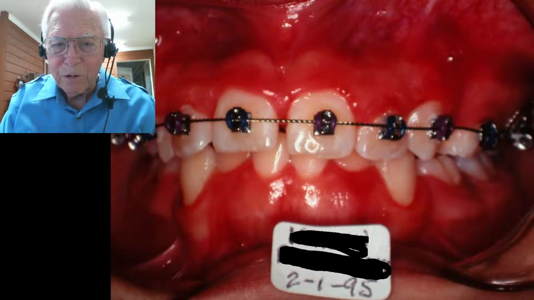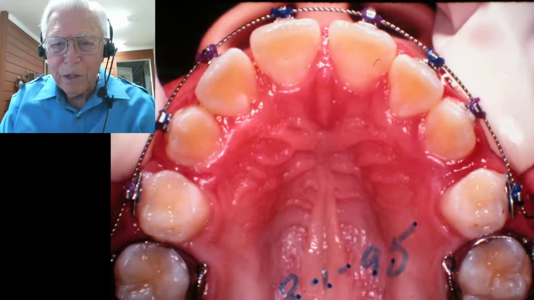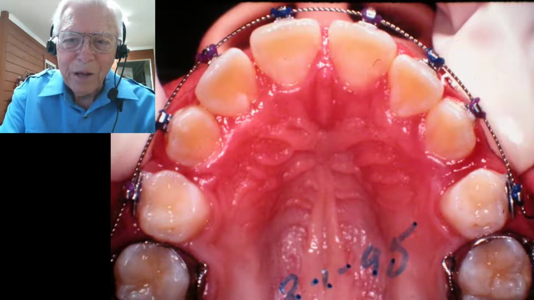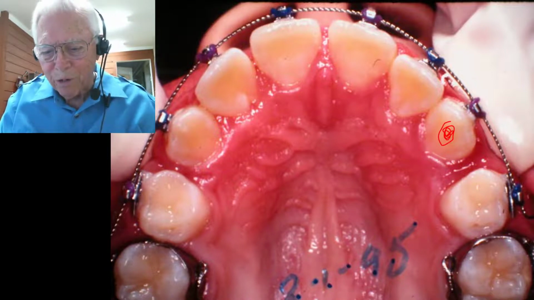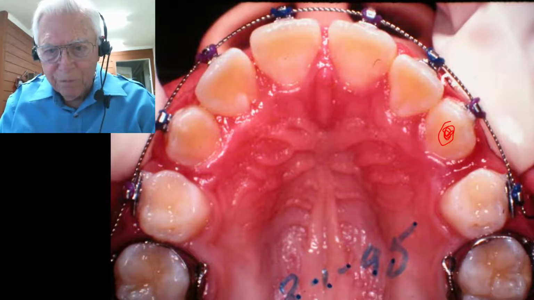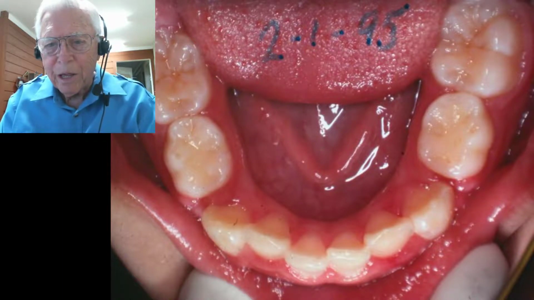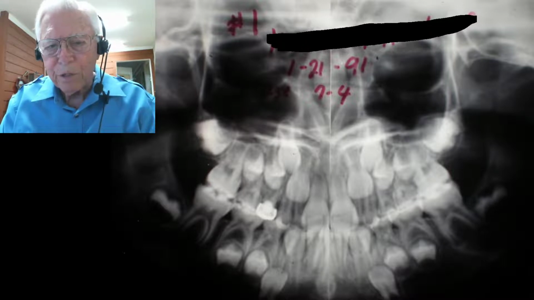This is 2 years later, and I'll run through those pretty quick. And we took the bicuspid out, and we got this cuspid down in here. But I want you to look at this cuspid when we get to the x-ray of that. Down on the bottom, there wasn't any big problem here. We'll get in and line all that up later, but we're just going to be dealing with the cyst.